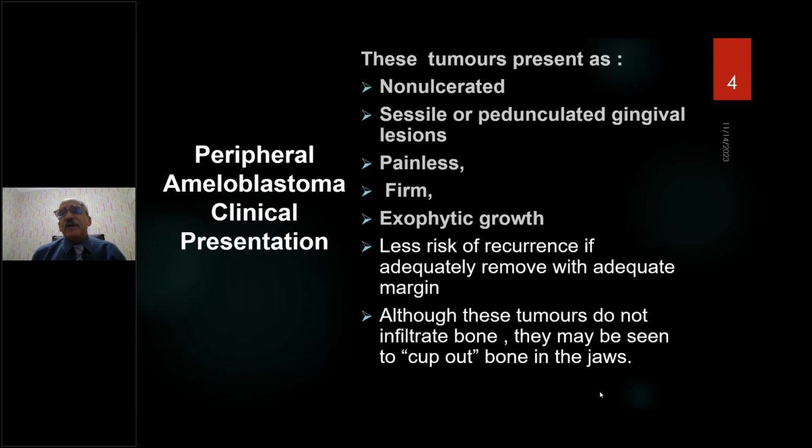There is a risk of recurrence if it is not adequately removed, and then there is a recurrence rate for this and other types of ameloblastomas. Although these tumors do not infiltrate the bone, they might be seen to cup out bone in the jaws.